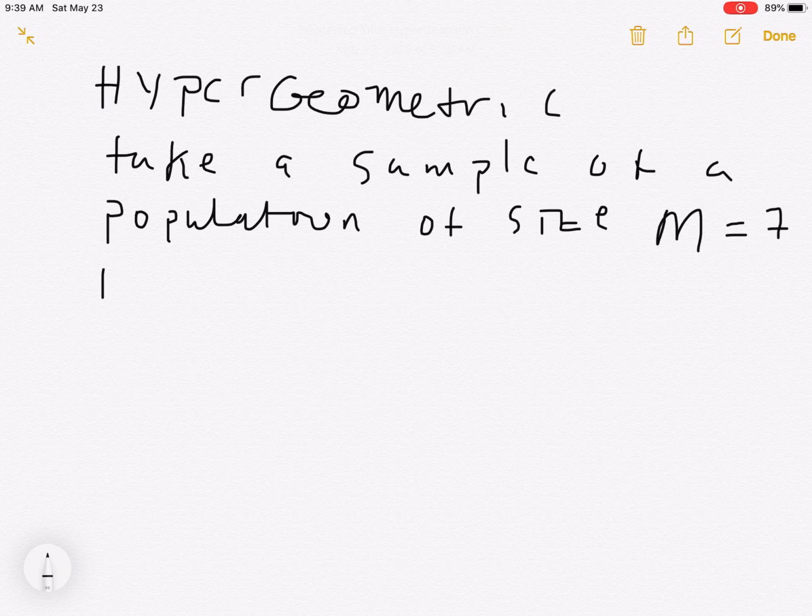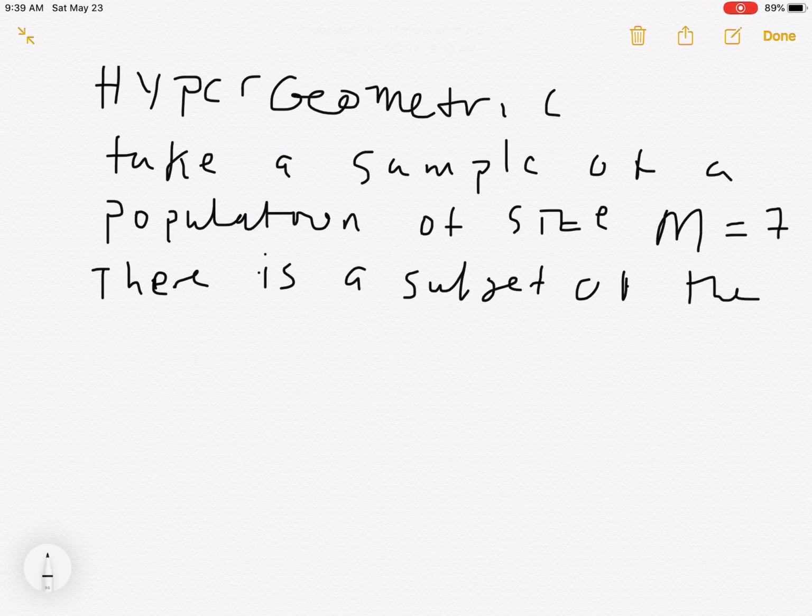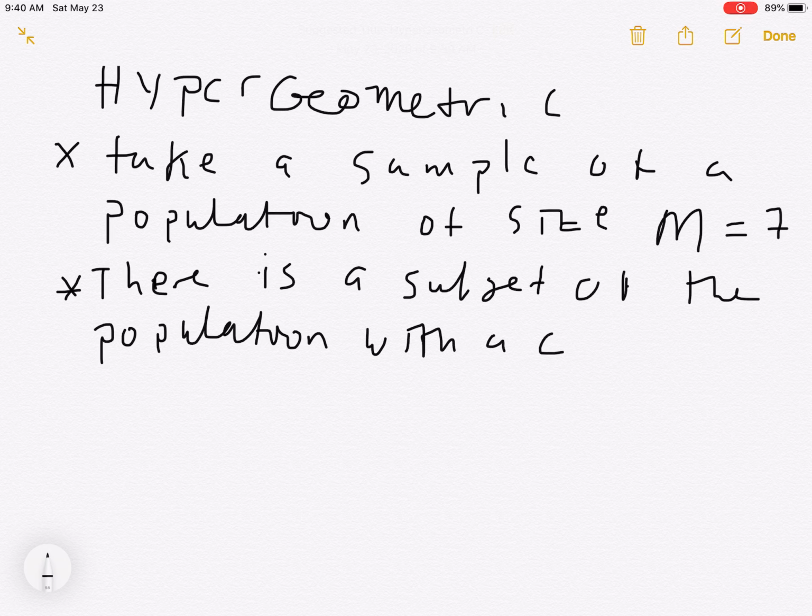There is a subset of the population with a characteristic. And that characteristic was that they were broken. And I'm going to call that R. Okay.